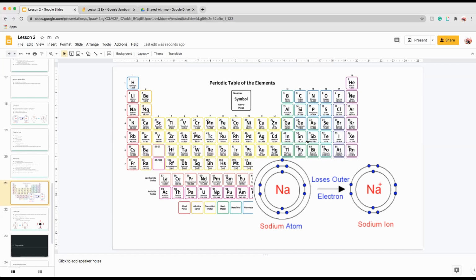You don't need to remember how many electrons each shell can have past shell 3. But memorize that the first shell can only have 2 electrons at max, the second 8 electrons at max, and the third 8 electrons at max.